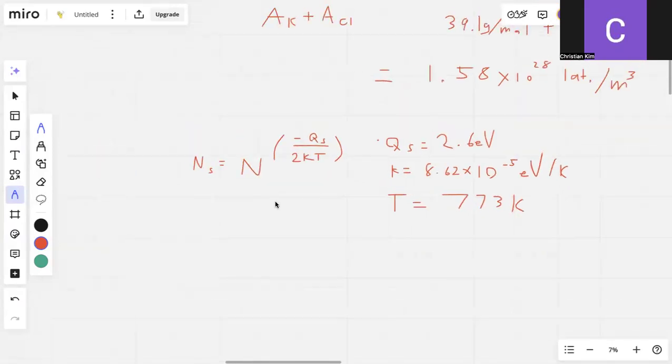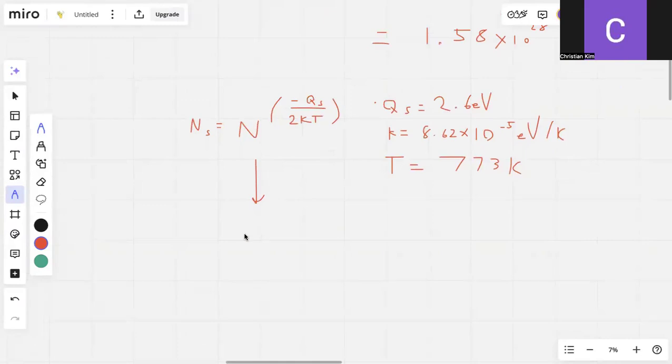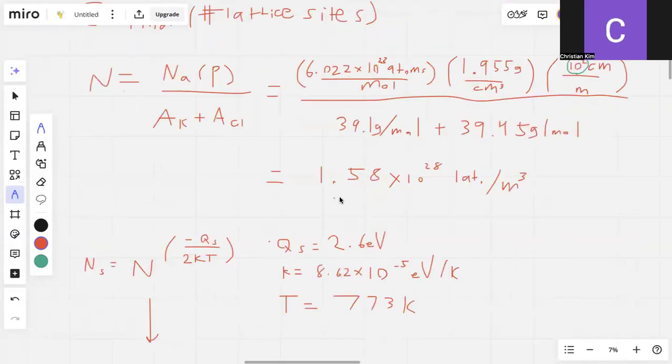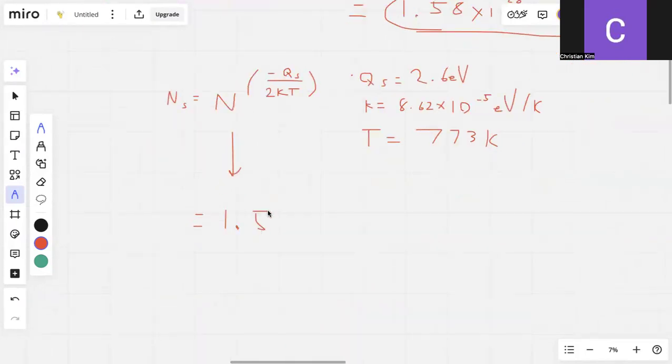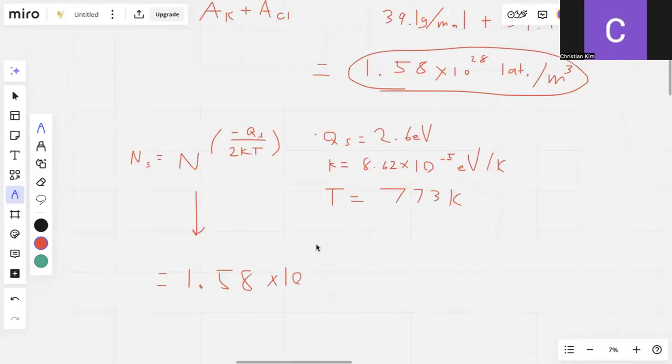Okay, so then let's just plug things in now. Taking your answer from this part over here, I have 1.58 times 10 to the, what was it raised to? 28th.